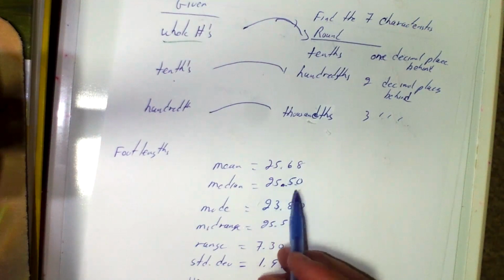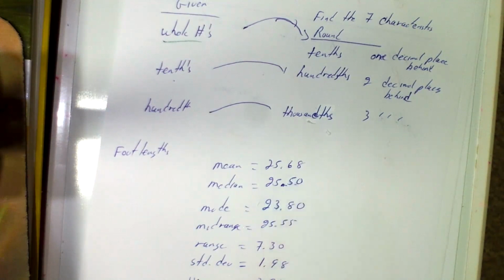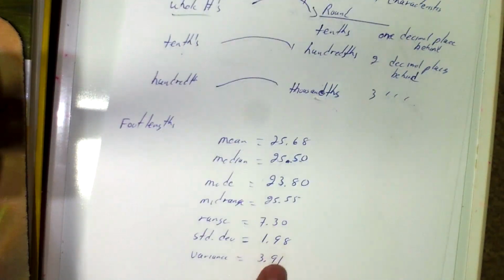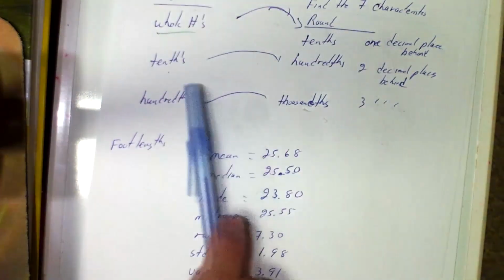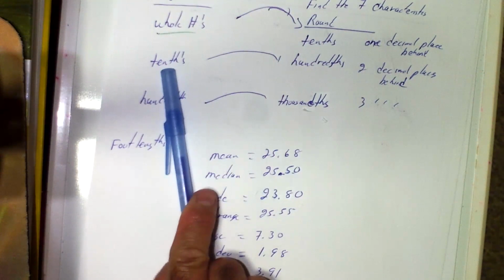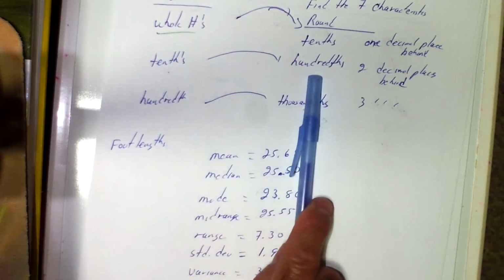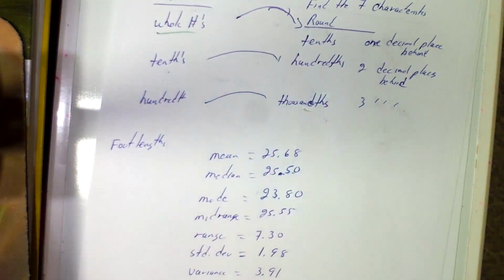Now, you're going to ask me, well, sir, there's a 0. Do I have to put a 0? Yeah, go ahead and put a 0 just to be consistent. I want all the numbers to be consistent. So all of them should have 2 decimal places. So again, you had tenths as your original data. I want hundredths.